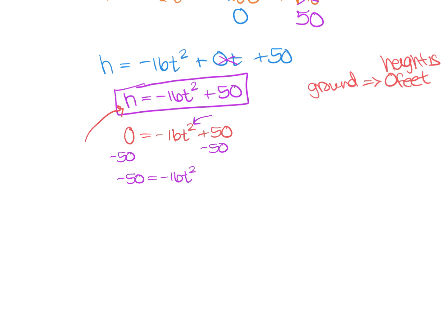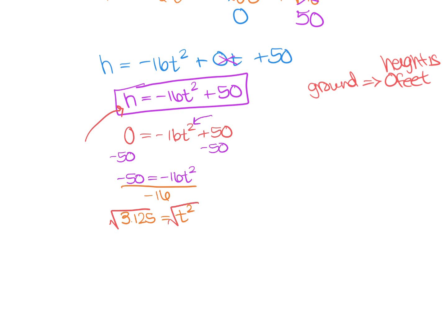Then from here, I still need to get the t alone. So I'm going to divide each side by negative 16. Negative 50 divided by negative 16 is 3.125. And then I need to get t by itself. In order to do that, I have to undo the squared, which means I square root each side.